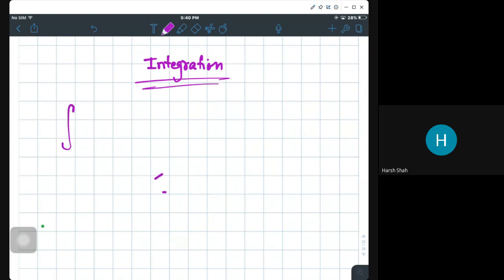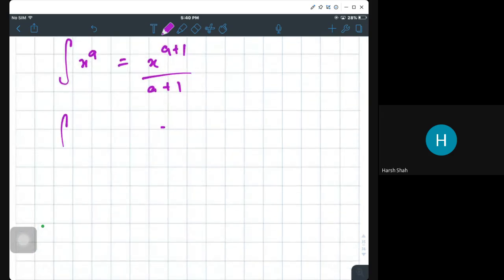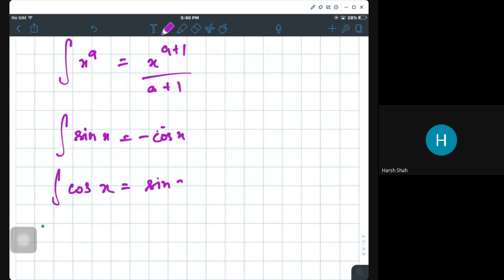If you integrate x to the power of a, this is x to the power of a plus 1 by a plus 1. Then integration of sin x is minus cos x, integration of cos x is sin x, and there is a constant term in indefinite integration.